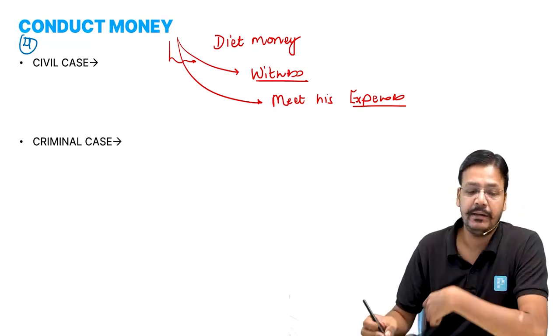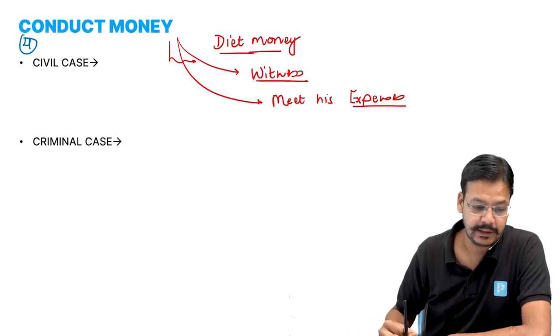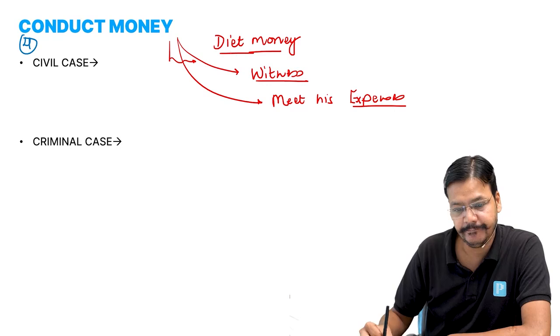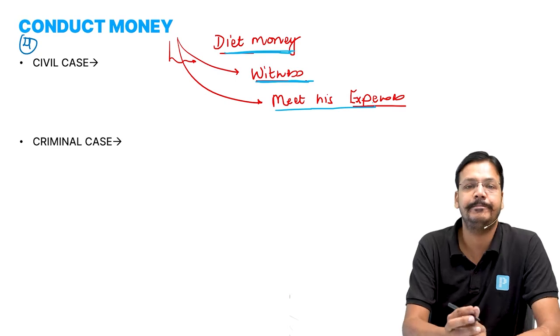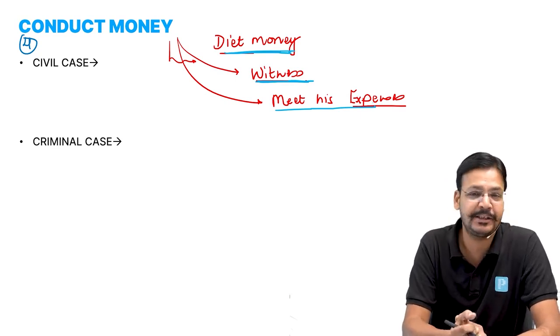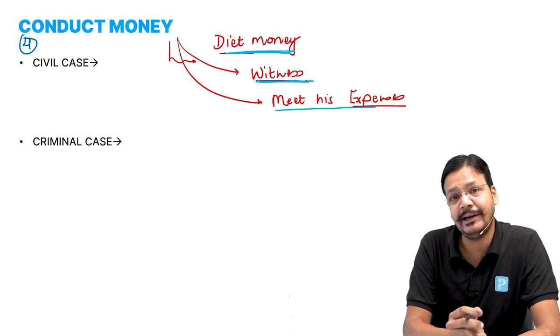Conduct money is diet money which is paid to the witness to meet his expenses, like traveling expenses and diet expenses. This is conduct money.